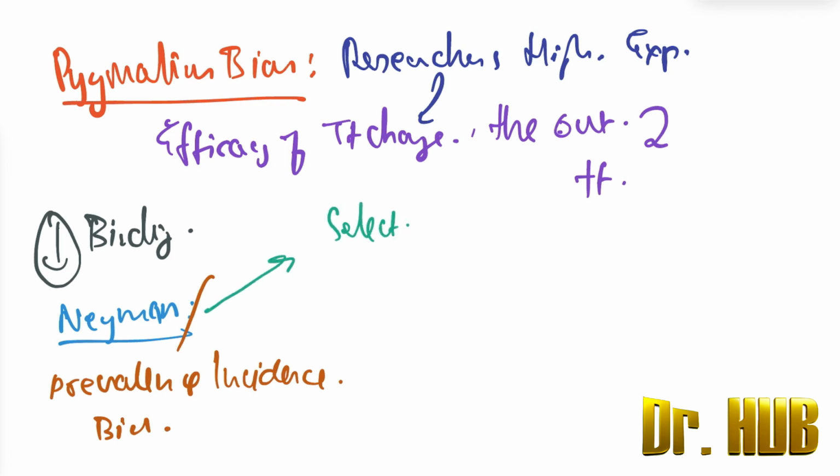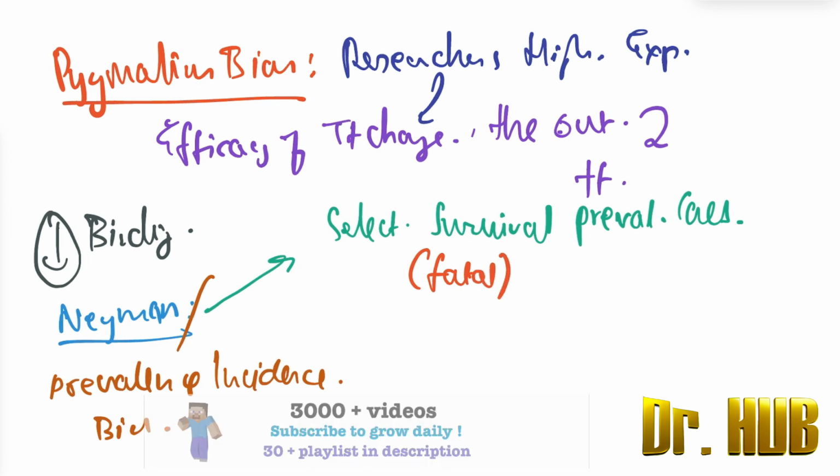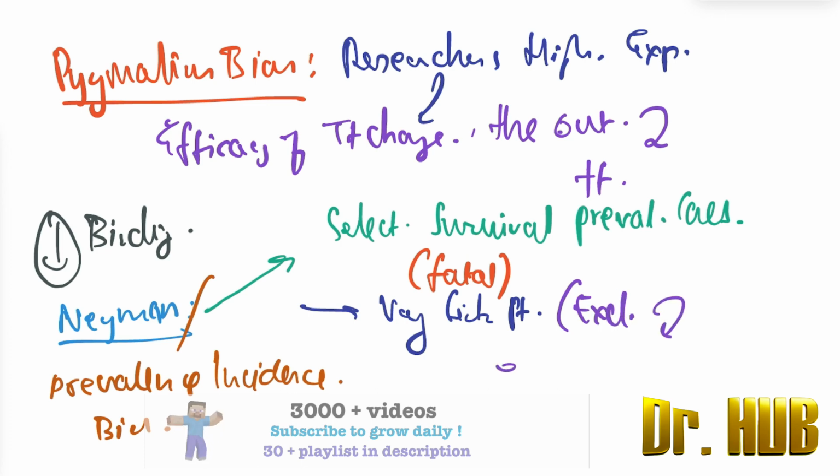This is usually seen in fatal diseases and in very sick patients, and they are automatically excluded because of their early death.